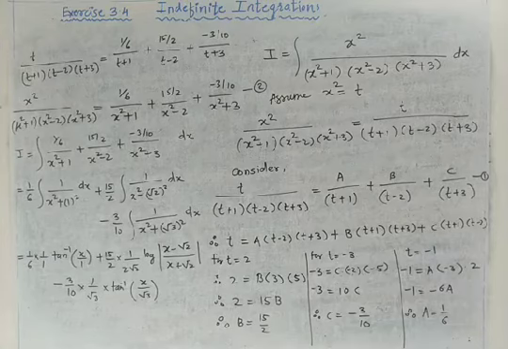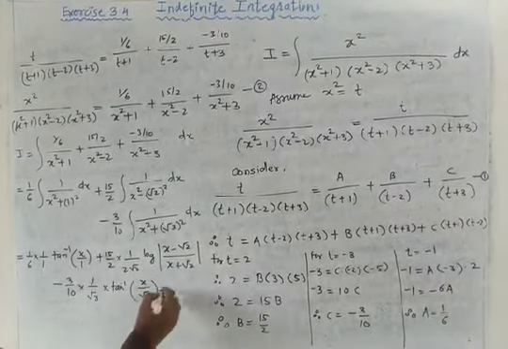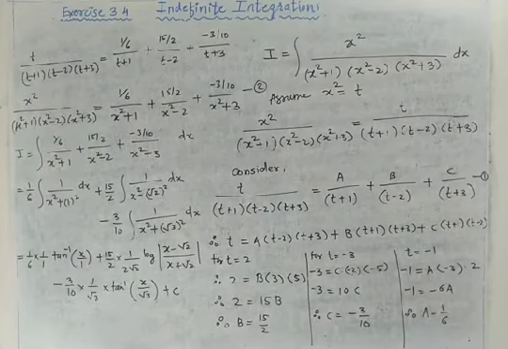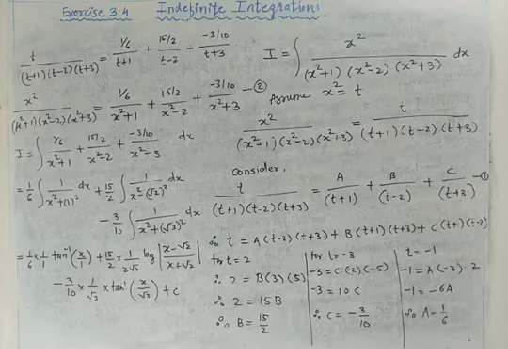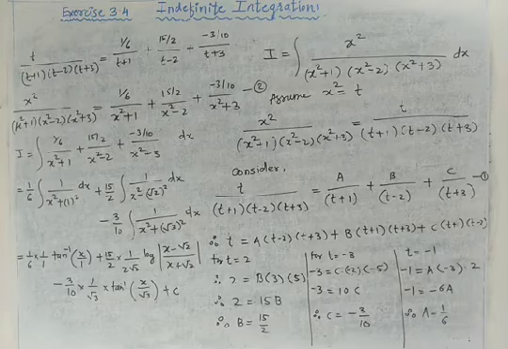And still, if you have any doubt, any problem, please tell me. Okay, so here plus C. Any doubt? Simplify wherever you are able to simplify and write down that final step. Okay, so now this is the way you are going to find the solution of a question by using integration of partial fraction. Is it clear?